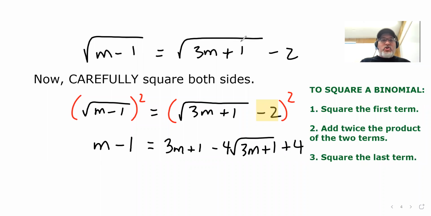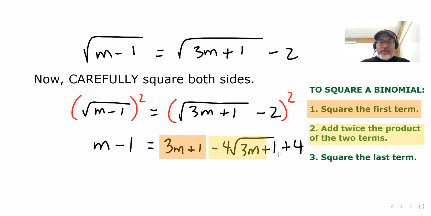It takes some practice to be able to square a binomial quickly, but it is a nice skill to have. And in order to kind of connect the steps to the pieces of the binomial, I'm going to highlight each step with the result of it over here. So squared the first term to get the orange part. Add twice the product of the two terms to get the middle part.